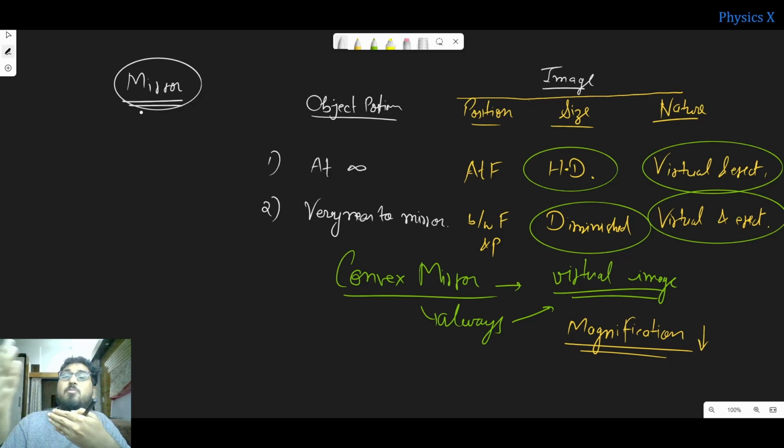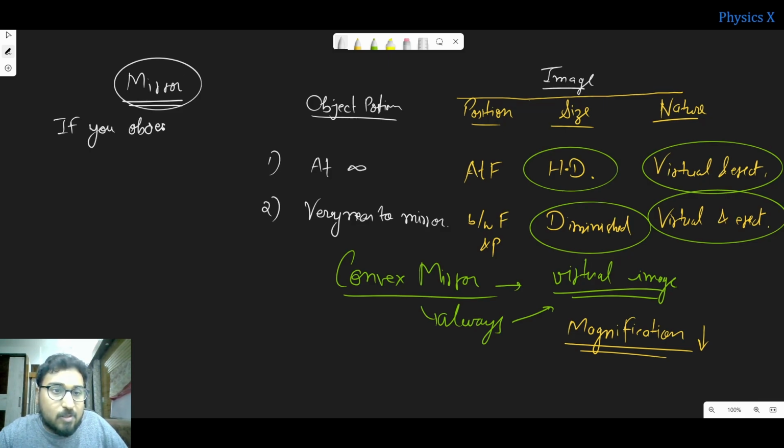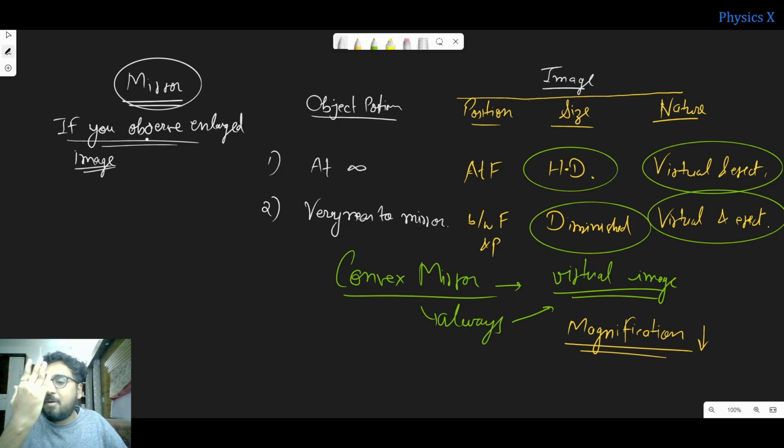If at any point you observe an enlarged image, especially in the concave mirror case, we studied that when the object is placed very near to the mirror, an enlarged image is formed. So if you move the mirror closer and observe an enlarged image, it means it is a concave mirror.